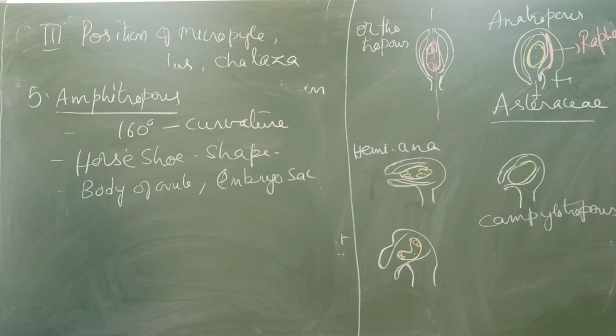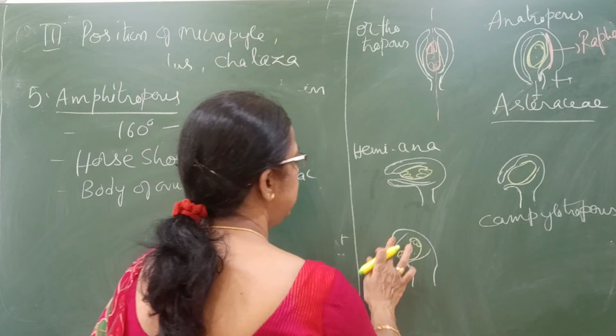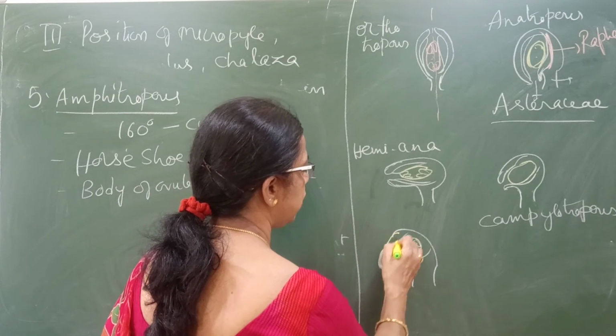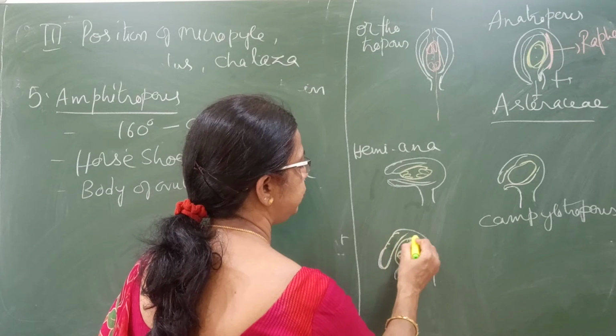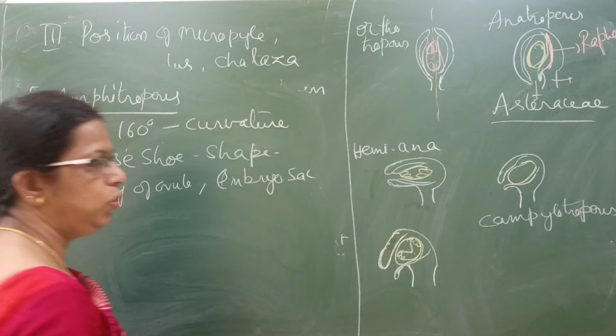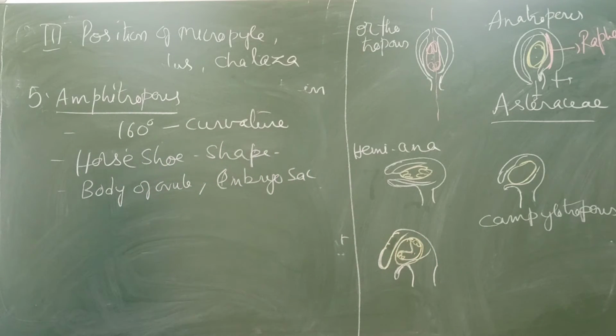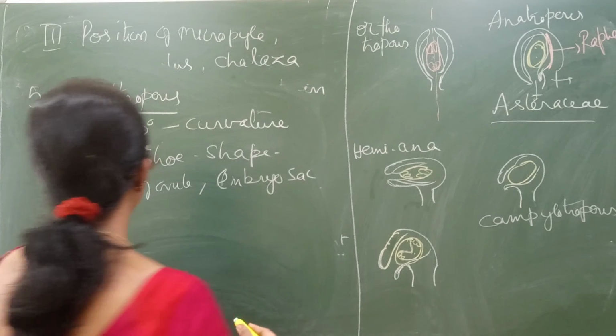The body of the ovule will show some curvature, and even the embryo sac will show the curvature. So mostly this is how you can find a completely curved ovule. So this type is called amphitropous.